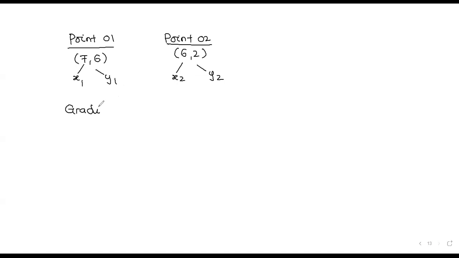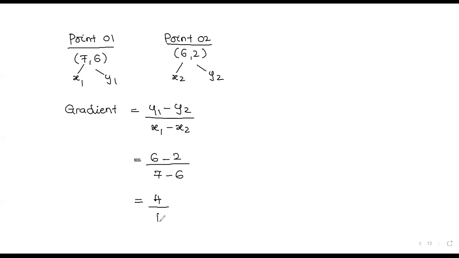I don't explain that much because we did 3 papers now. You know what to do. This one time I'm wondering which one I'm going to take, but I can't decide. I just write y1 minus y2 divided by x1 minus x2. Then the y1 value, it is 6 minus 2 and 7 minus 6. 6 minus 2 is 4. 7 minus 6 is 1. 4 over 1 means 4.